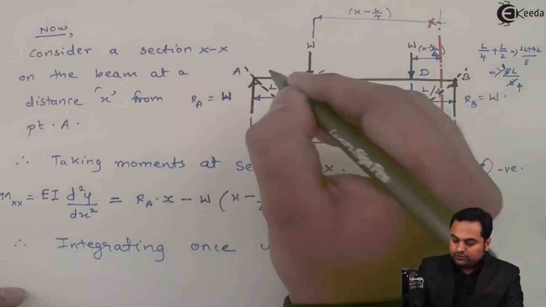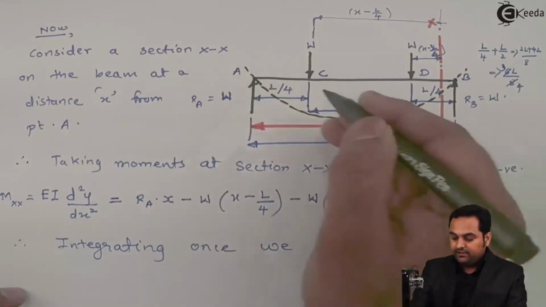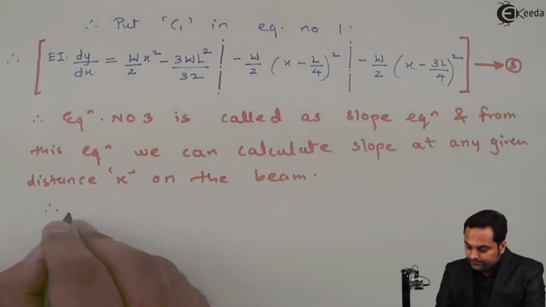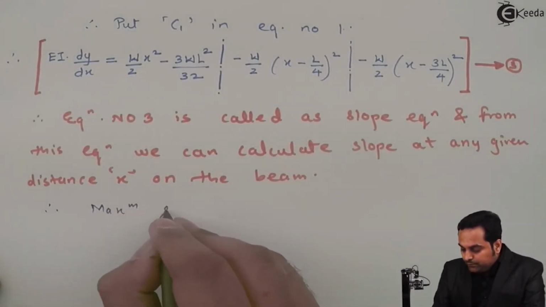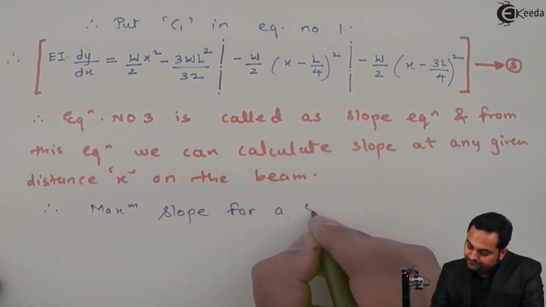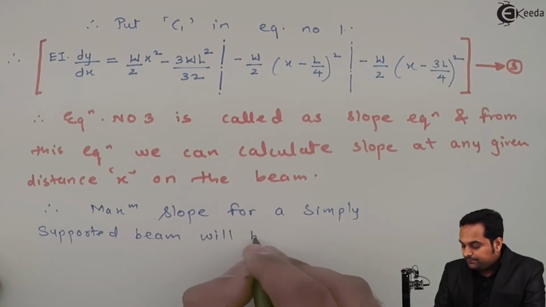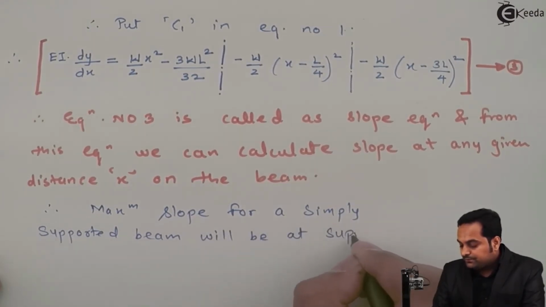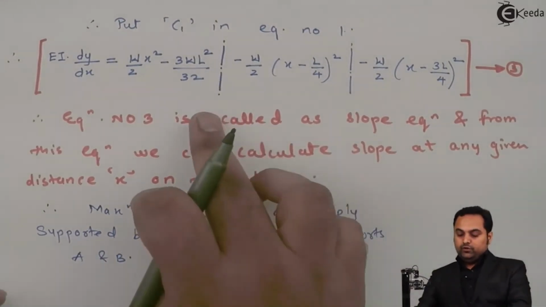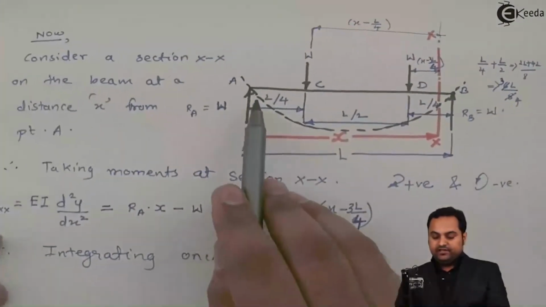So the slope is maximum for a simply supported beam at the supports, that is at A and B. So I'll say that therefore maximum slope for a simply supported beam will be at supports A and B. So now I'll keep x is equal to 0 because at A we will get the value of slope.